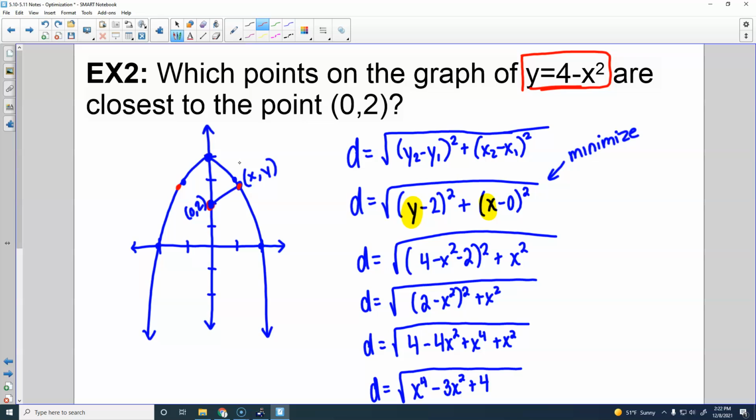Y-coordinates are not as bad to find as you think. What should we plug back into to find the y-coordinates? We're going to plug back into the original, 4 minus x squared, because that will give us a point on this graph.